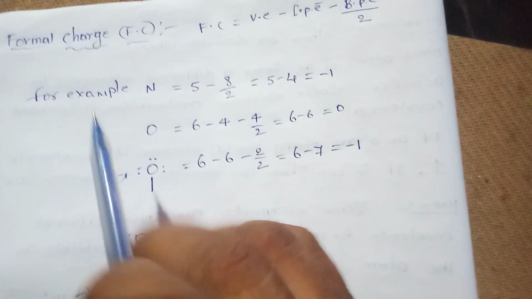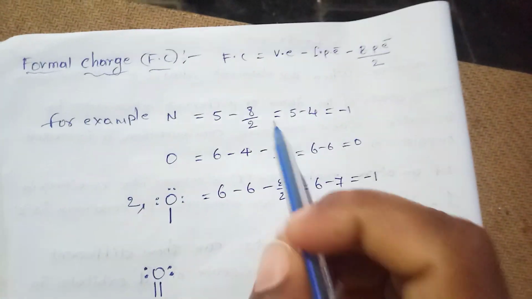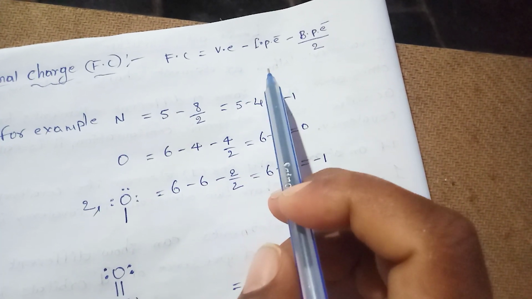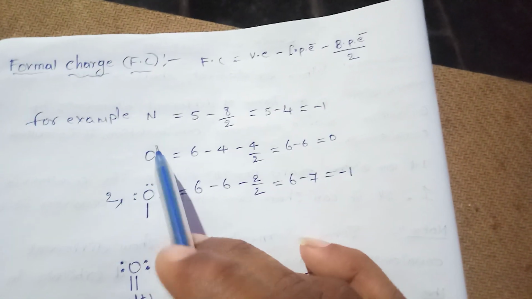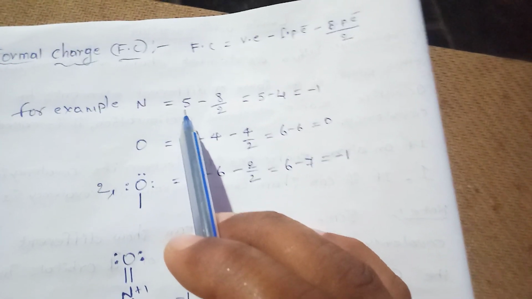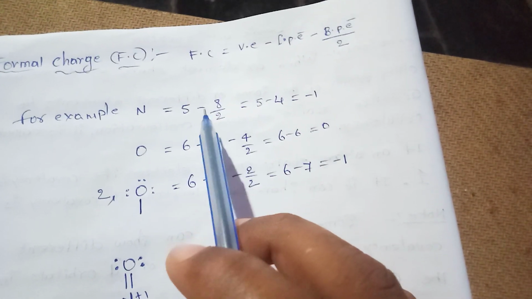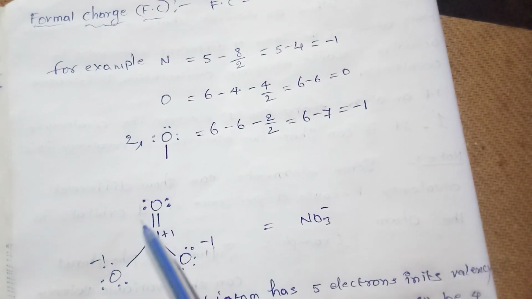Here another important thing is called the formal charge of each atom, Fc. The formula for formal charge is Fc equals valence electrons minus lone pair electrons minus bond pair electrons divided by 2. For nitrogen, we already know it has 5 valence electrons. As we saw in that diagram, nitrogen does not have any lone pair electrons, so lone pair electrons are 0.